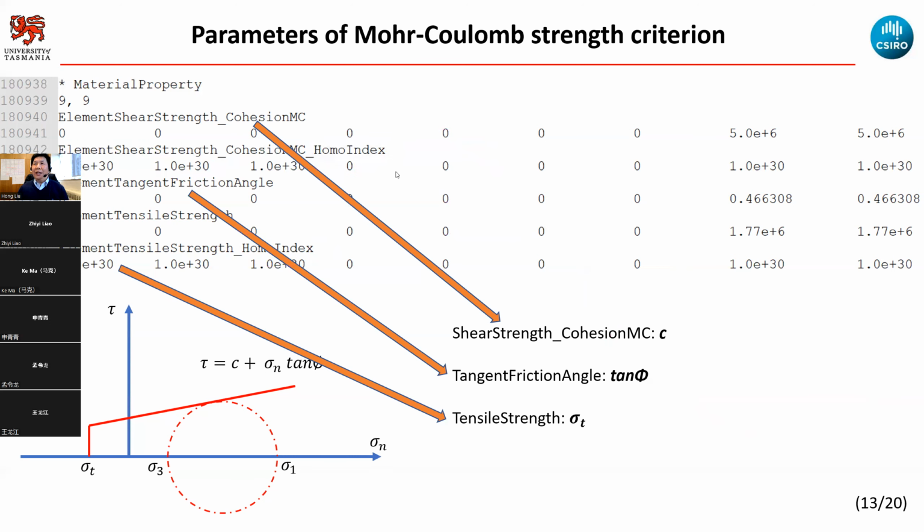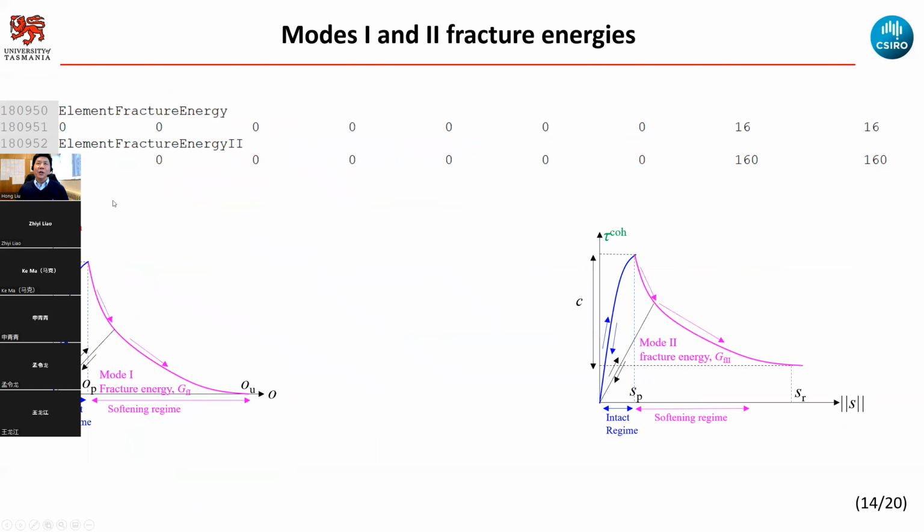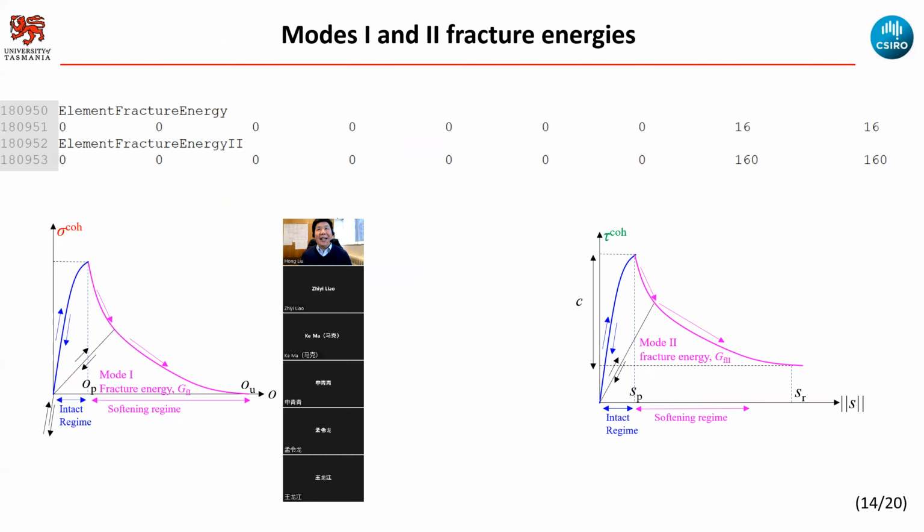Okay, then the next parameter is the fracture energy. We have the constitutive model like this. Initially we approach the peak, then if we have tension, there is strength softening, approaching the bottom.